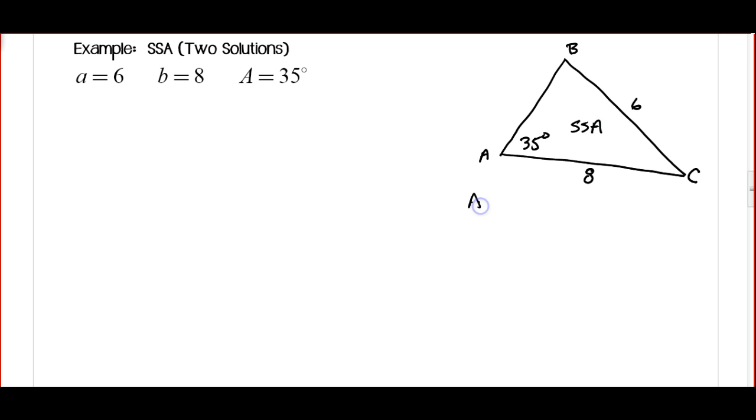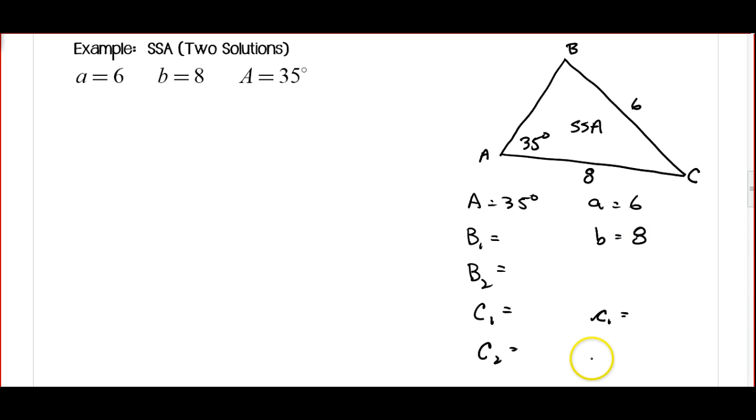So A is 35 degrees. There's a possibility of 2 angle B's and 2 angle C's. And then side A is 6, side B is 8. Again, anything that's not given, there's a possibility that there are 2 of them. So side C1 would go with angle C1, and side C2 would go with angle C2.